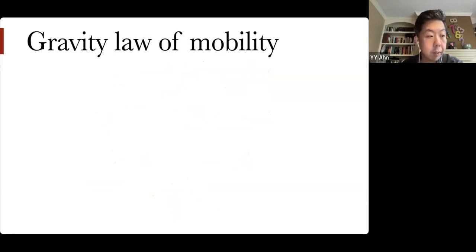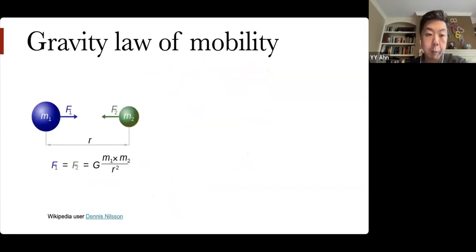But another interesting thing is when we measure the distance between places based on the gravity law of mobility. The gravity law is a really fundamental framework to study human mobility and any type of mobility, and it's of course inspired by the theory of gravity in physics.